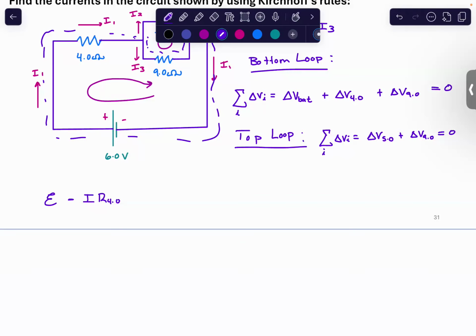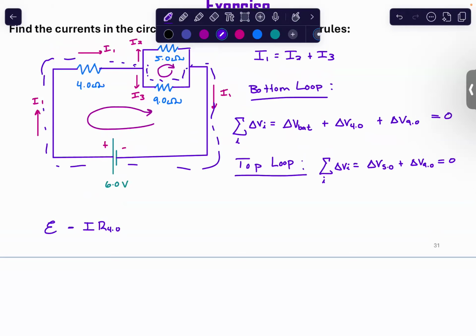And now look at the 9.0. If you look at the way I3 goes, I crossed the 9.0 going in the same direction as I3. Negative.